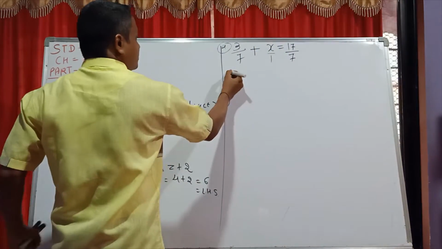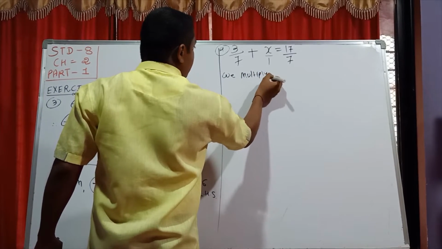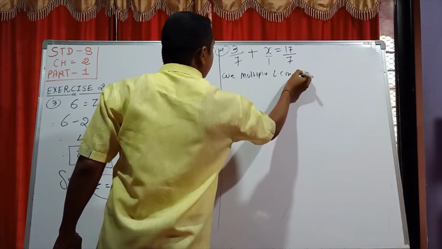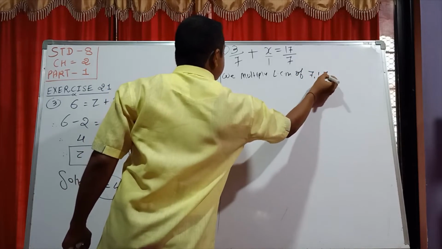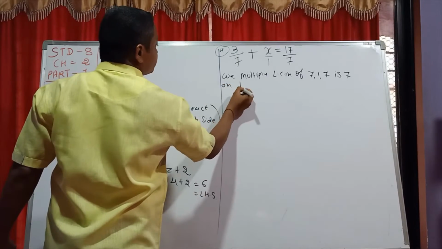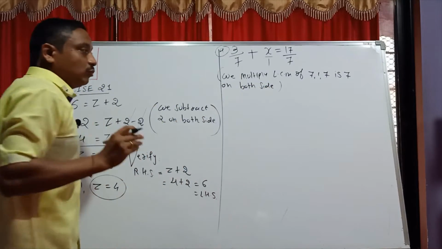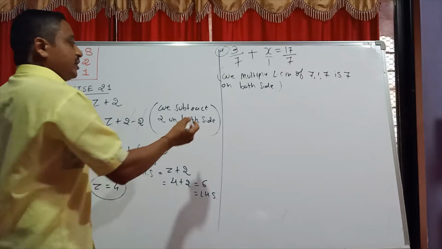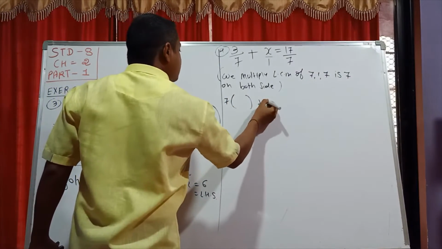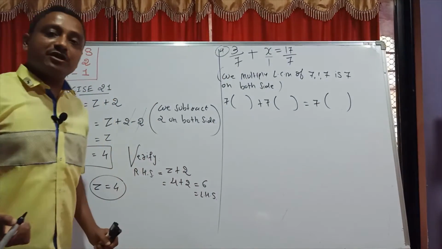So, we multiply the LCM of 7, 1 and 7, which is 7, on both sides. It is necessary, students, that you multiply both sides. So here 7 is multiplied for the first term, 7 for the second term, and the same 7 multiplied to the third term.